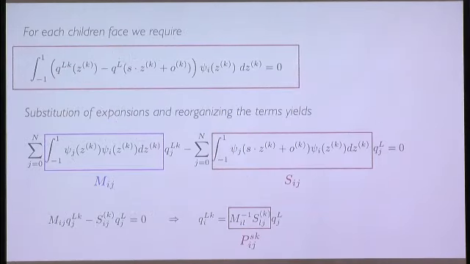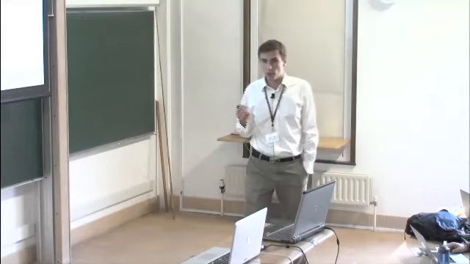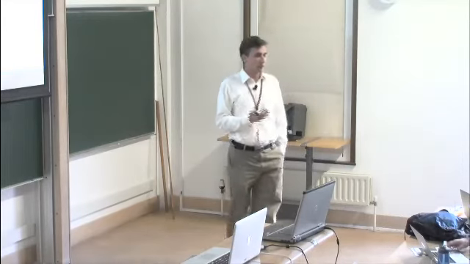And we require that for each children phase, so for each k here, 1 or 2, this integral is equal to 0. Namely, we take the difference of the unknown variable QL k minus the known QL, and we test it with some test functions. In this case, we choose our test function to be exactly the same as our basis function.